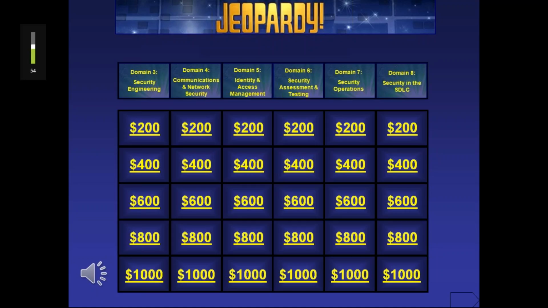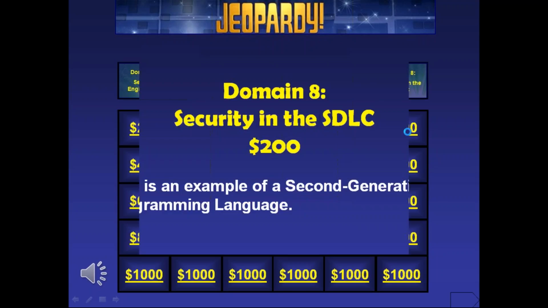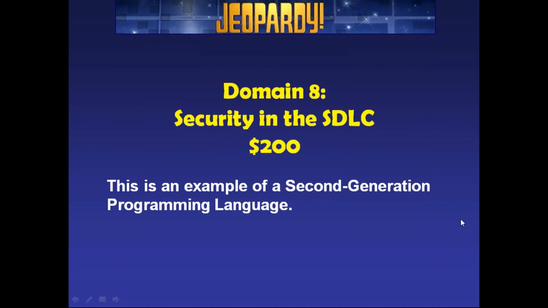Let's go for 200 for security and SDLC. All right. Start small. All right. Domain 8, 200. I'm always late bringing up my my chat box.